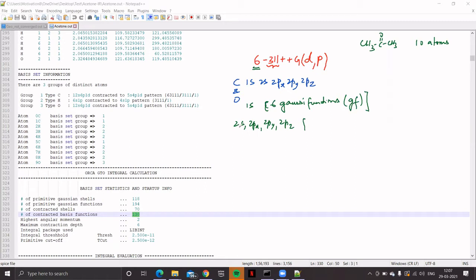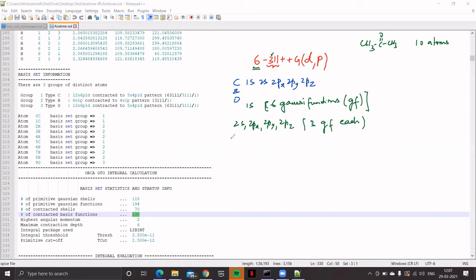We are making each valence set orbital with the help of 3 Gaussian functions each. So each contracted basis function 2s will be made up of 3 Gaussian functions. Each 2px contracted basis function will be made up of 3 Gaussian functions.